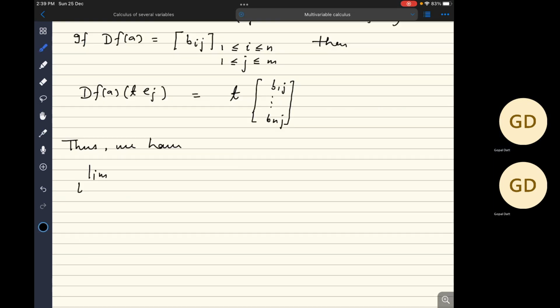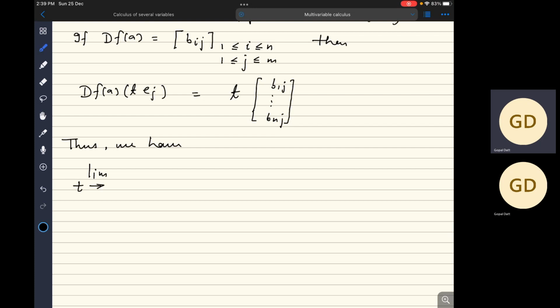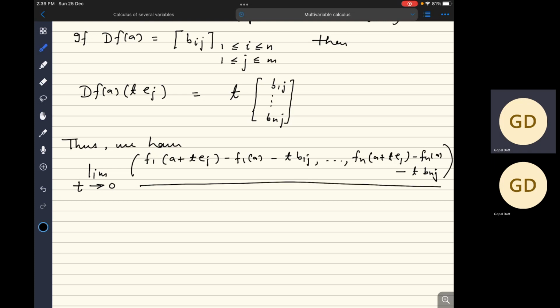Let me write it. Limit t goes to 0, क्या मिलेगा हमें? f1(a + tej) minus f1(a) minus tb1j, comma dot dot dot comma fn(a + tej) minus fn(a) minus tbnj, divided by whole divided by norm tej.